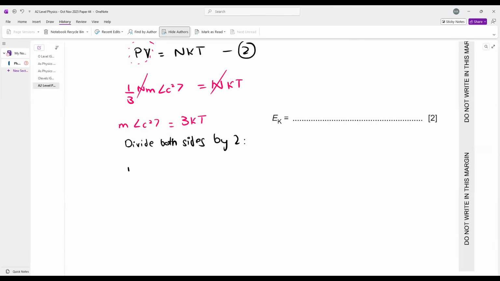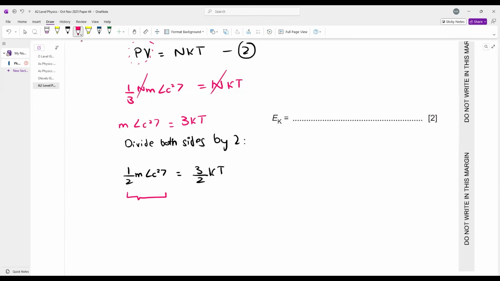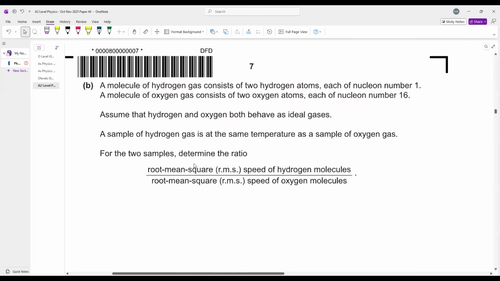Divide both sides by 2: 1/2 m c square equals 3/2 kT. This entire thing will be equal to what? Kinetic energy is equal to 3/2 kT. You have successfully derived the formula. Simple. Let's read ahead.